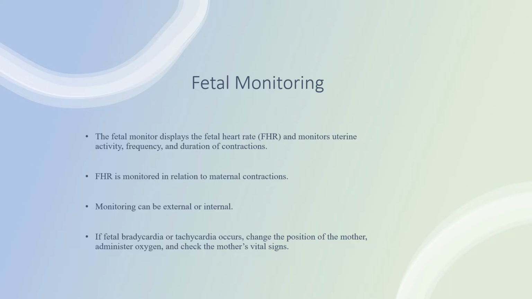Also accelerations, that is the increase of 15 beats per minute higher than baseline. And accelerations can also be when the mother is contracting and it's kind of squeezing on the baby. The baby's heart rate's going to increase. That's actually a good thing because it's showing that the baby is reacting.